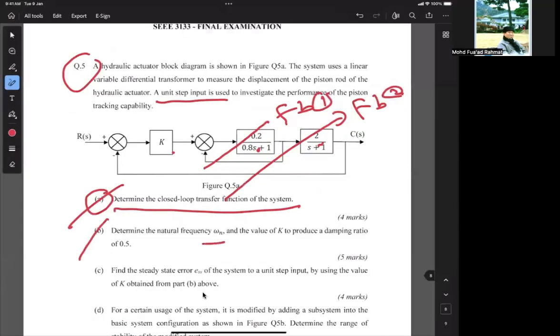Then find the omega n and the value of K to produce a damping ratio of 0.5.